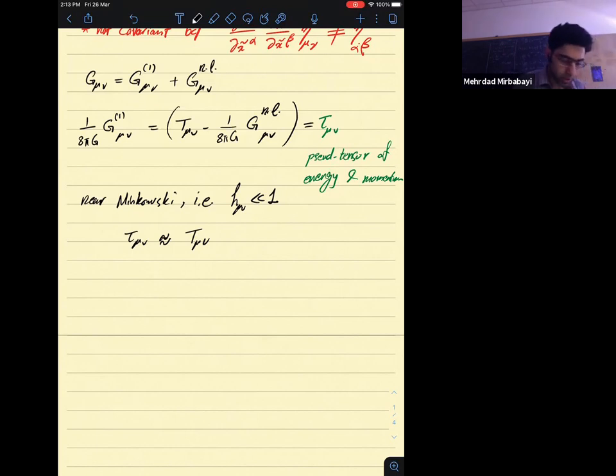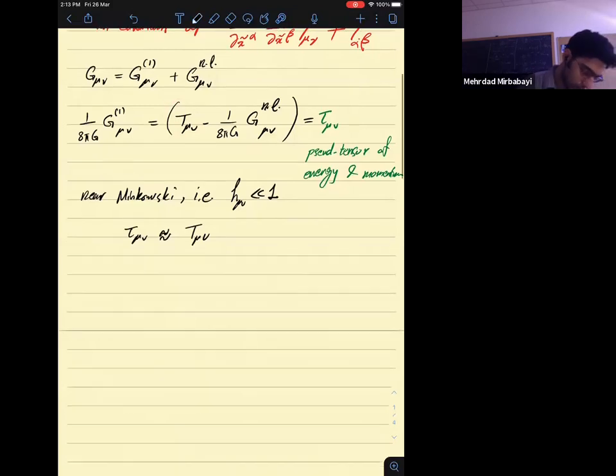So it has some connection to energy and momentum, but it has an important property, which is that it is ordinarily conserved. And that's the important property of this tensor. Unlike matter T mu nu, this combination is ordinarily conserved.